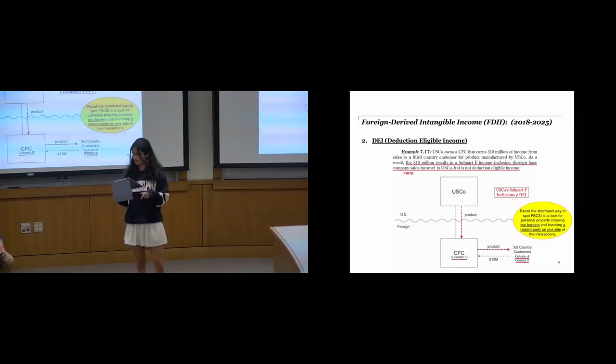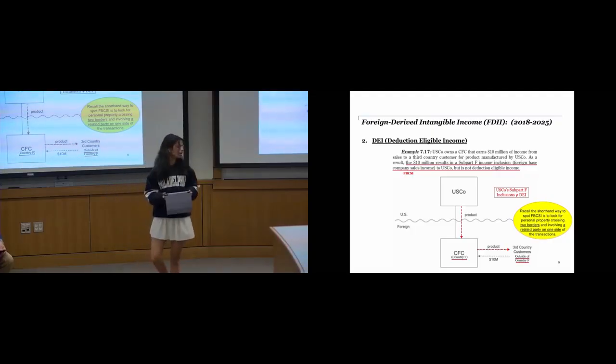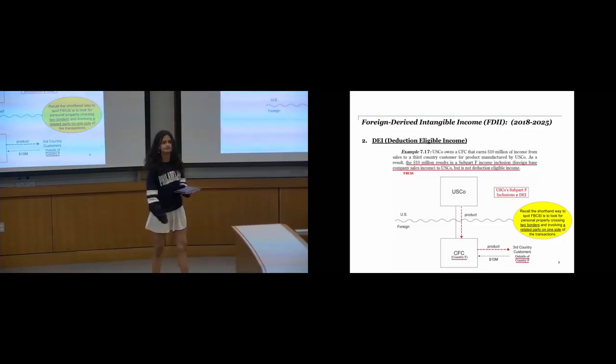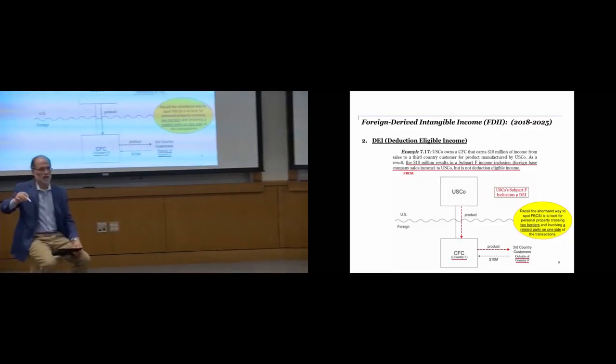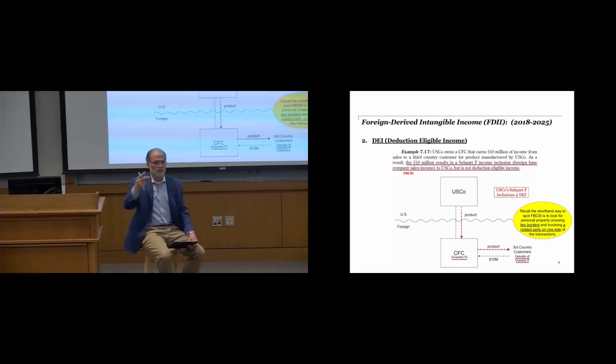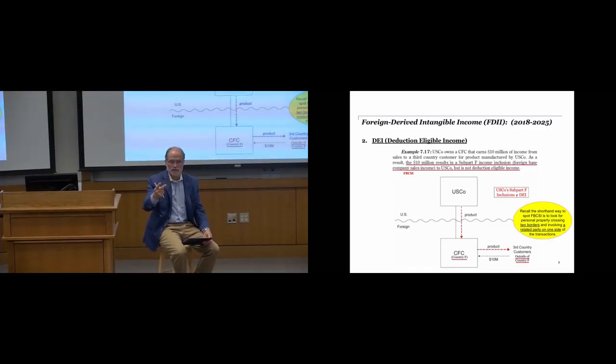Yes, so as Meta was saying, we have a sale of product from the United States to a CFC, and then that CFC on-sells it. Remember our shorthand way for foreign base company sales income was subpart F: crosses two borders and has a related party on one side.